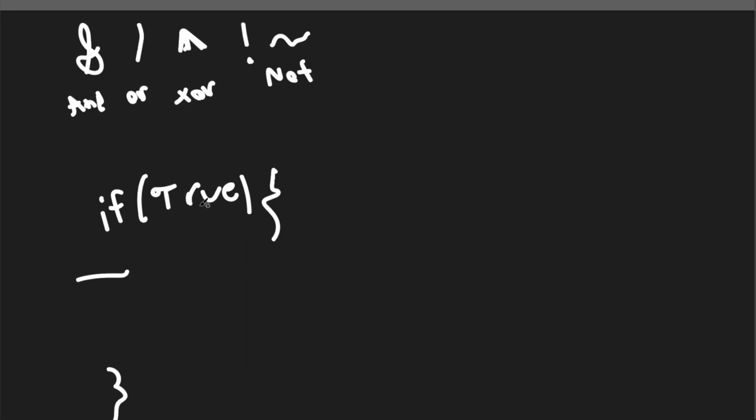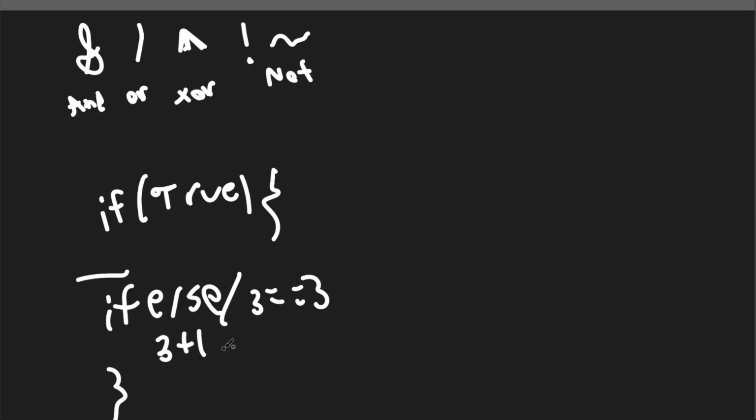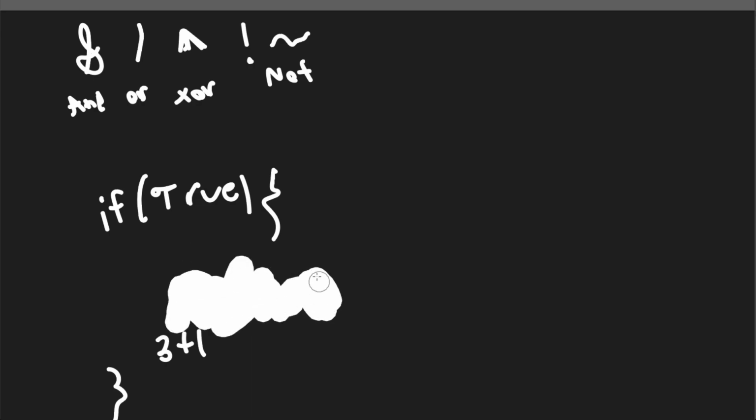So if an if statement receives a true expression, the if statement will do the code on the inside, okay? And that's the same thing with if-else statements, okay? So if-else statements will also execute the code. If you have like 3 == 3, they'll give you a true, and then it'll do if 3 equals 3, then 3 + 1, and store that to a variable, okay? And that's pretty much what you need to know before you start doing these computations with logic in Java.